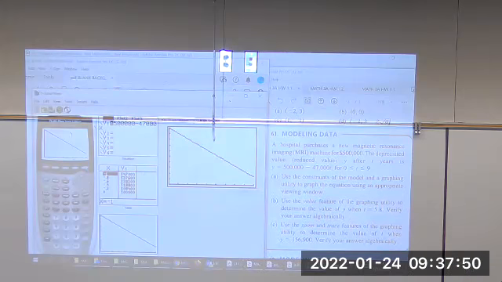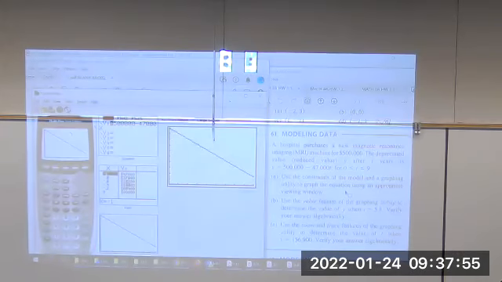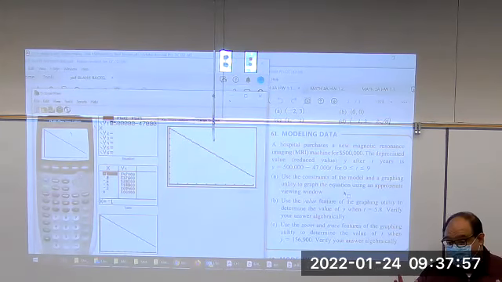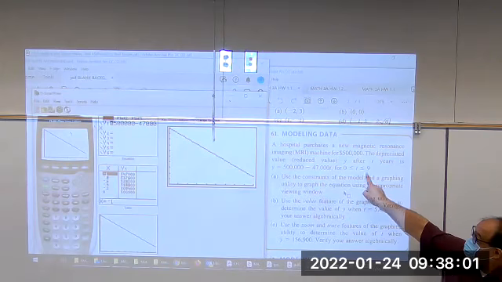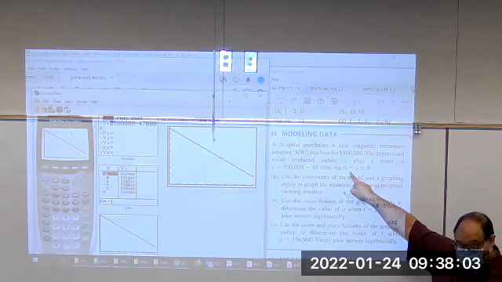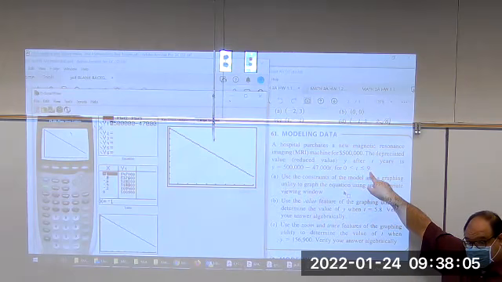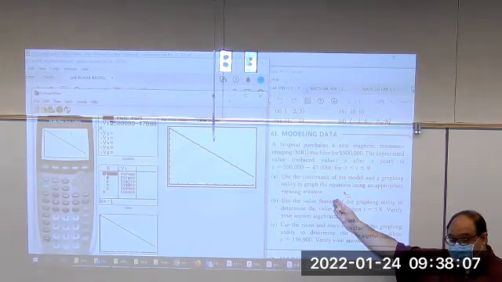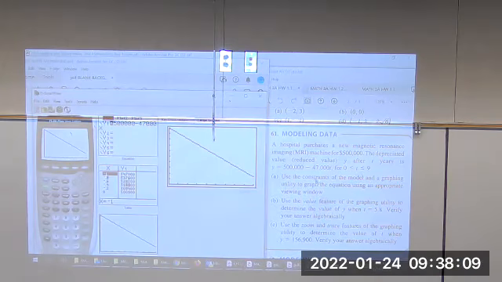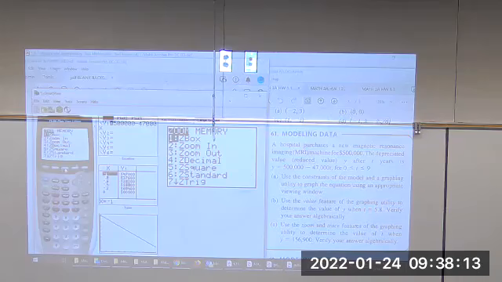So, there's the picture. As I was saying, if you are stuck and you don't know what to set the window to, we knew the x-axis had to be this, so 0 to 9. Then you go to zoom, and you just tell it to do a zoom fit, which is at the very bottom, option 10.